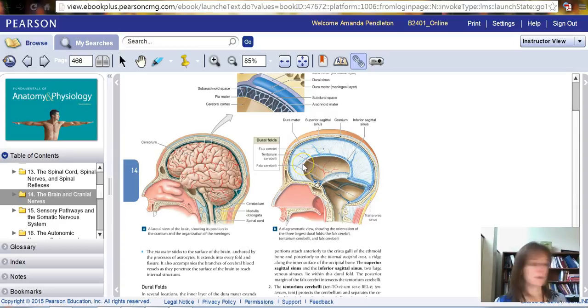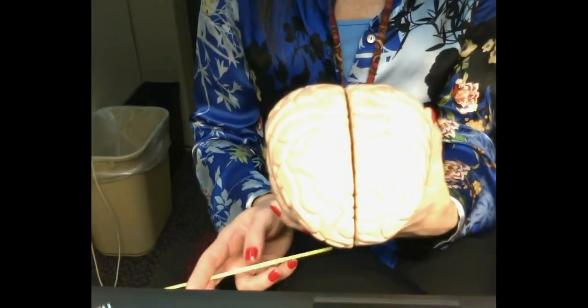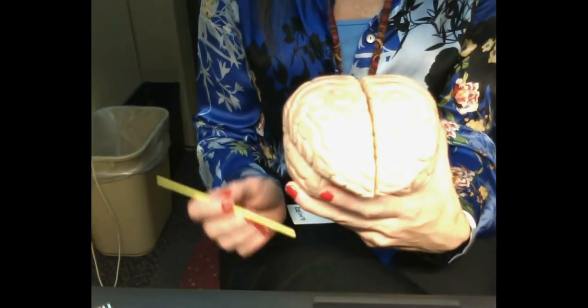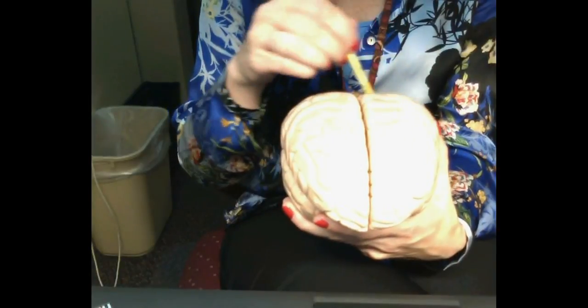So let me show you on the brain model where these different dural folds would be located. Okay, so this is showing us our brain model again. And again, as a reminder, this is going to be the cerebellum here.